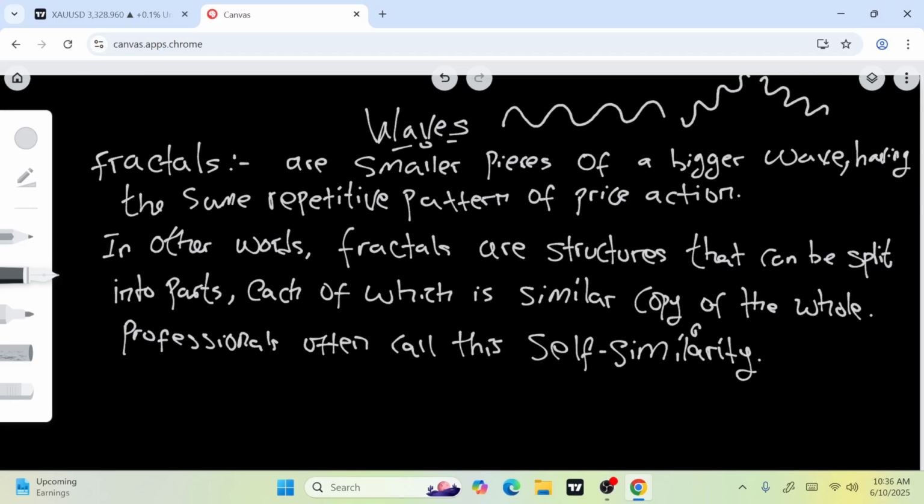All this is still talking about fractals. Whenever you see a bigger wave of price action, be rest assured that each of those structures being formed has another what? Another fractal inside. Another smaller structure inside. Are you guys following? Great.